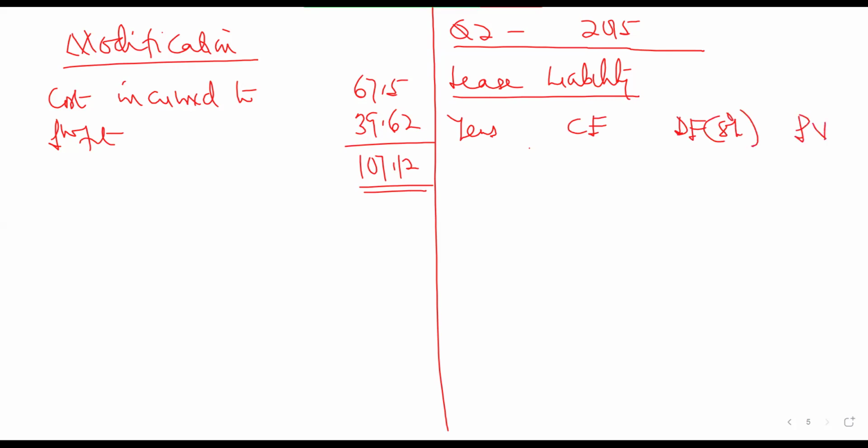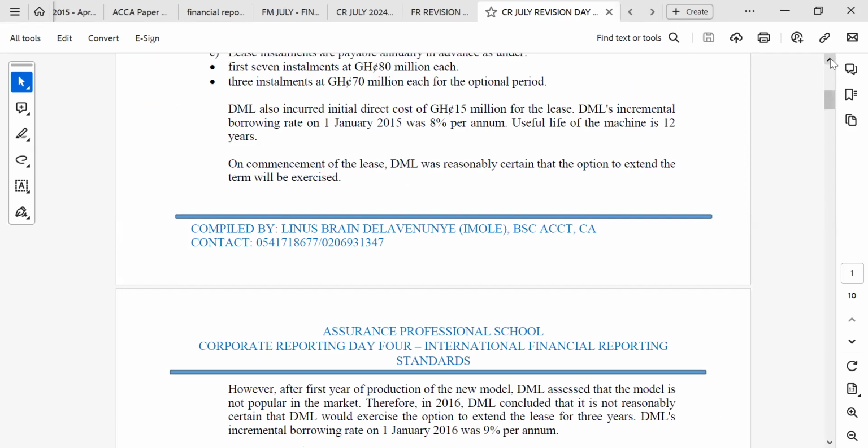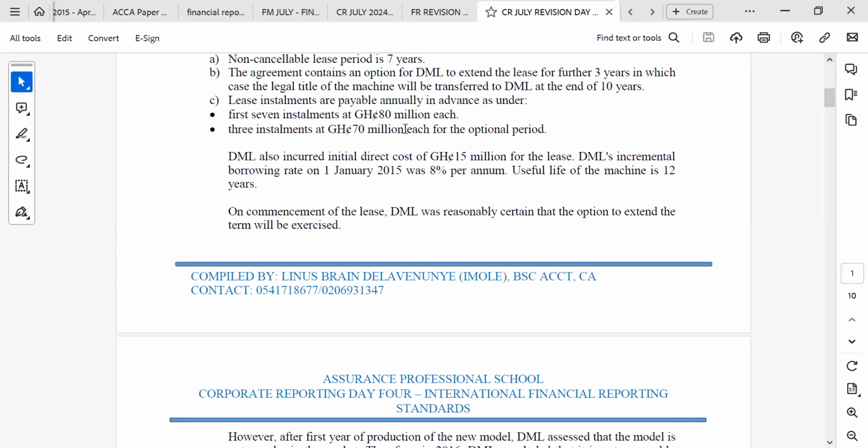Okay, please, the option to extend will also be paid in the manner that you are paying the lease rentals. So if we have the option to extend by 70 million, this will also be paid at the beginning of the 7th year. So we are going to be paying this also in advance.